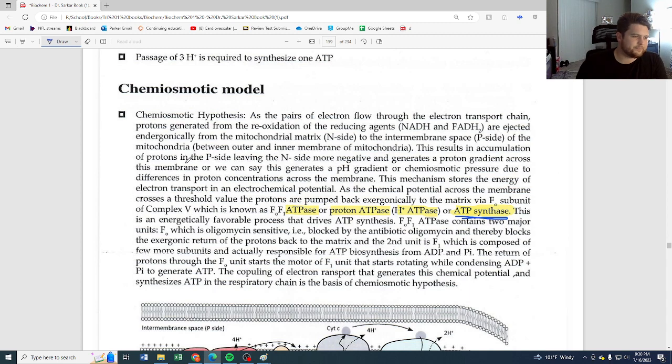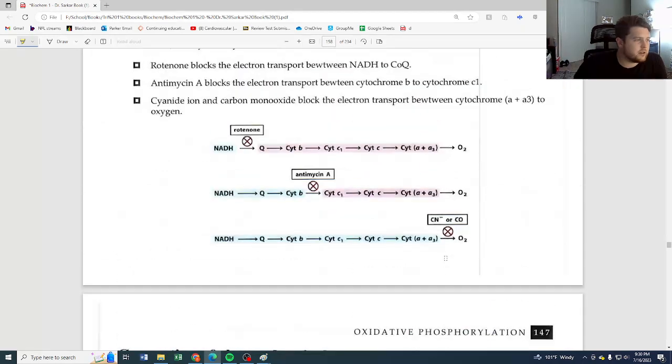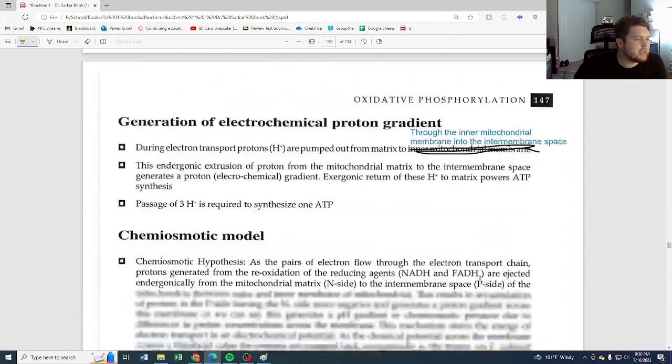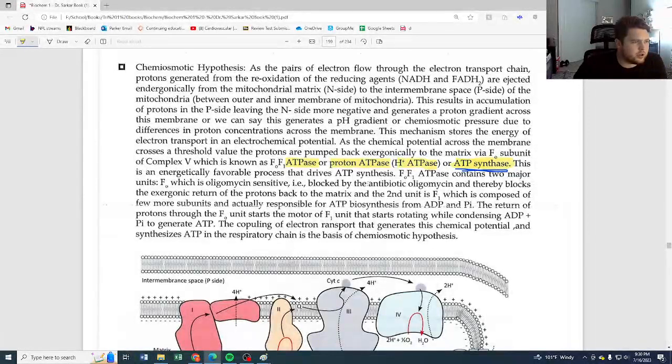This is a little bit of extra information. What I would pick out of this little chunk right here is to make sure you know that the antibiotic oligomycin is going to block ATP synthase, and that the second unit, F1, is what is actually responsible for ATP biosynthesis from ADP and phosphate ions.